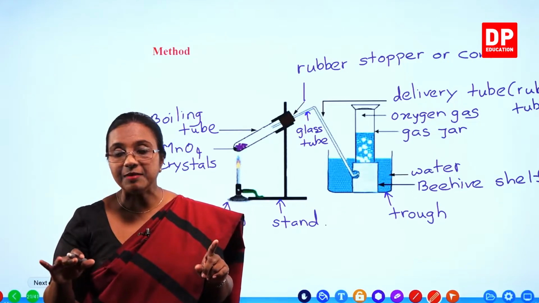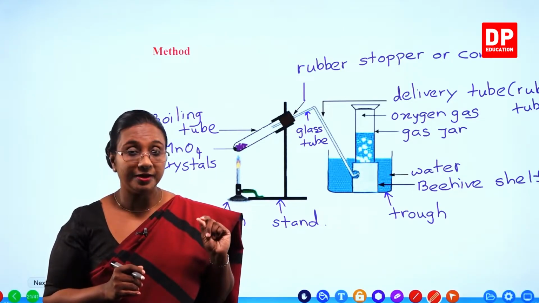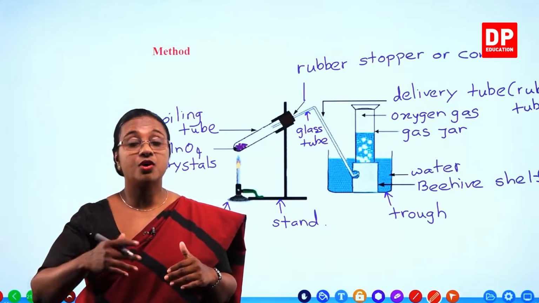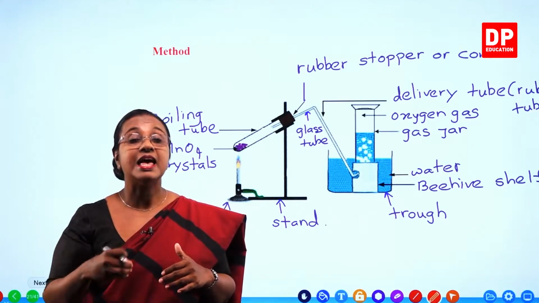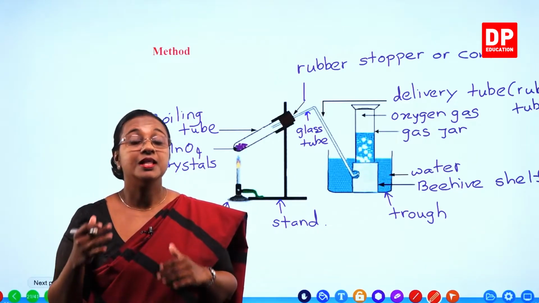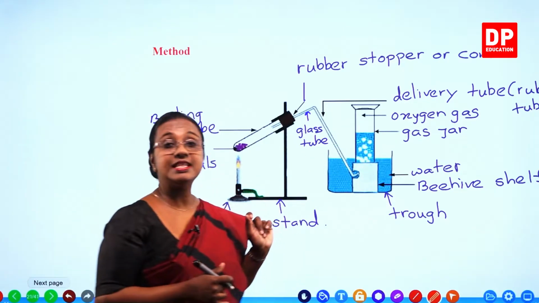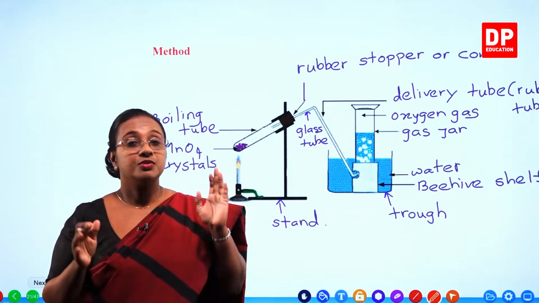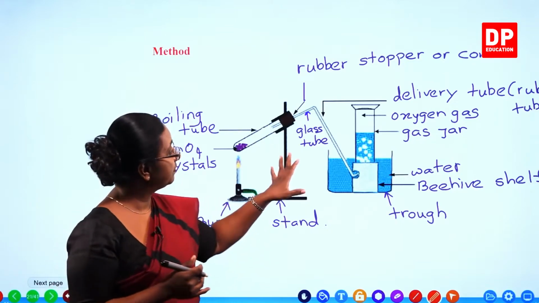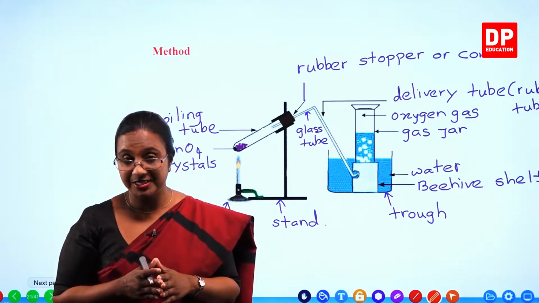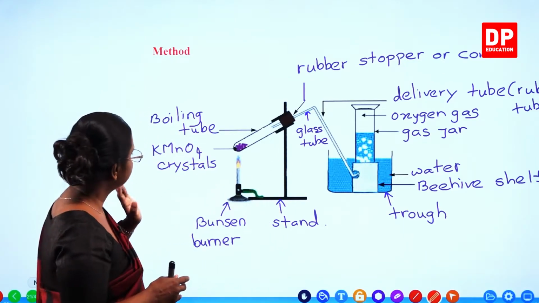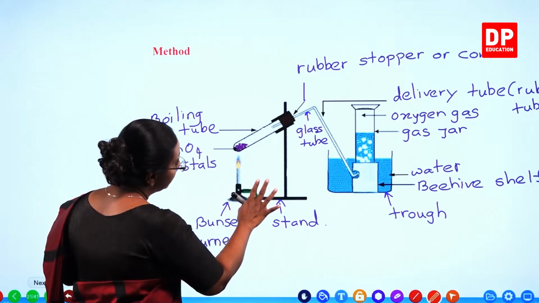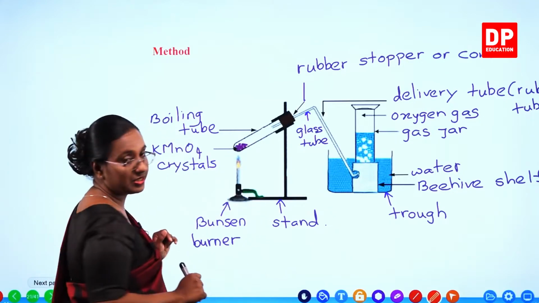There is no flame, only the tip will be glowing. And when you observe, if it rekindles or relights and burns with a flame, then we know that the gas that has been collected is oxygen gas. So that is how we confirm that we have collected oxygen gas. So this is the setup, students, the apparatus used to produce and collect oxygen gas.